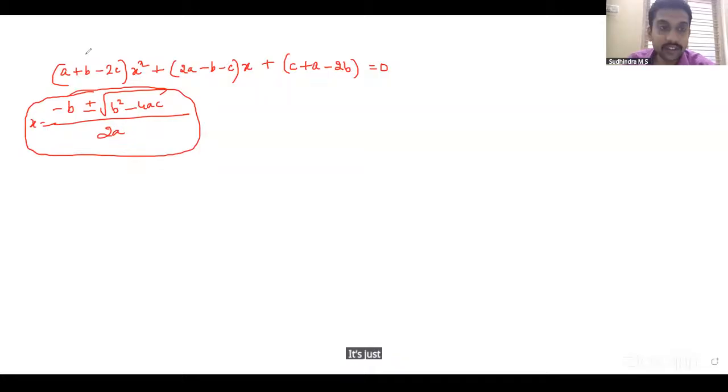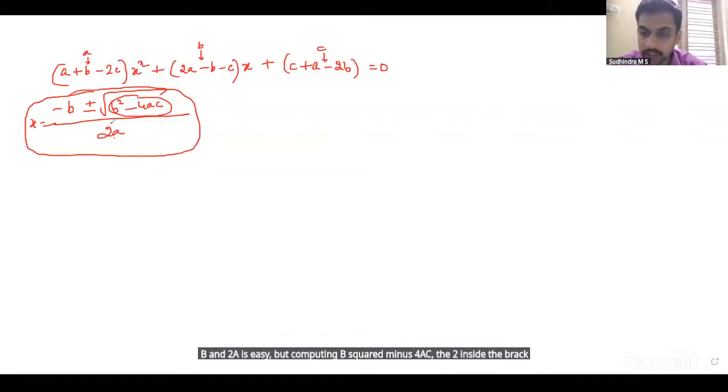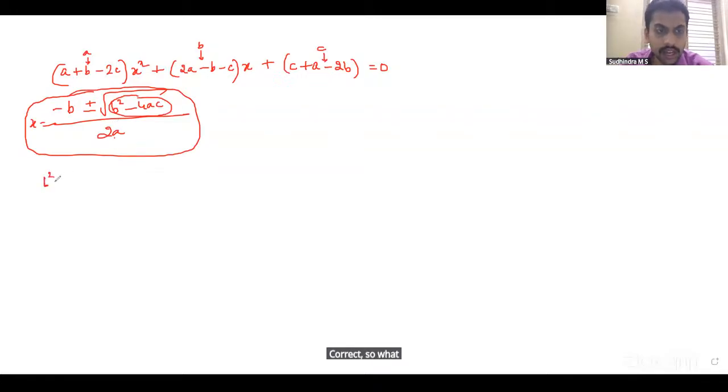Okay. Fine. So here this is A, Bhargavi, this is B, and this is C. Correct? So here B and 2A is easy, but computing b square minus 4ac, that too inside the brackets, is difficult. So I'll first calculate b square minus 4ac outside.